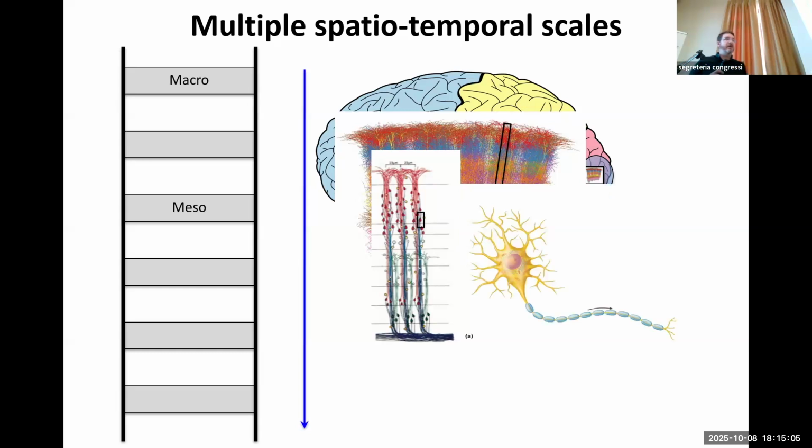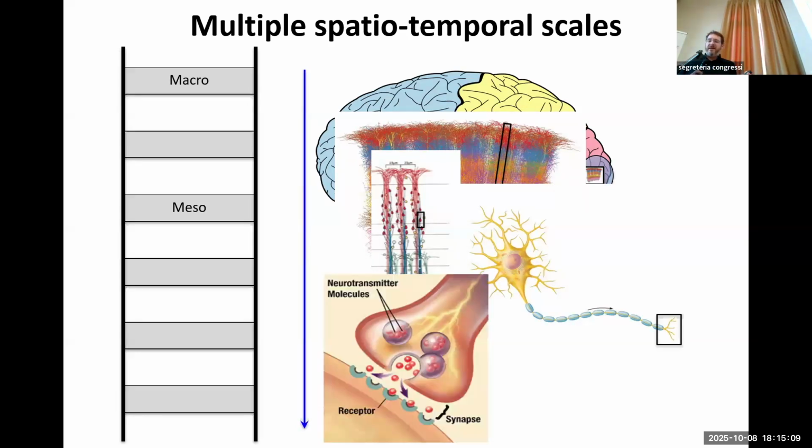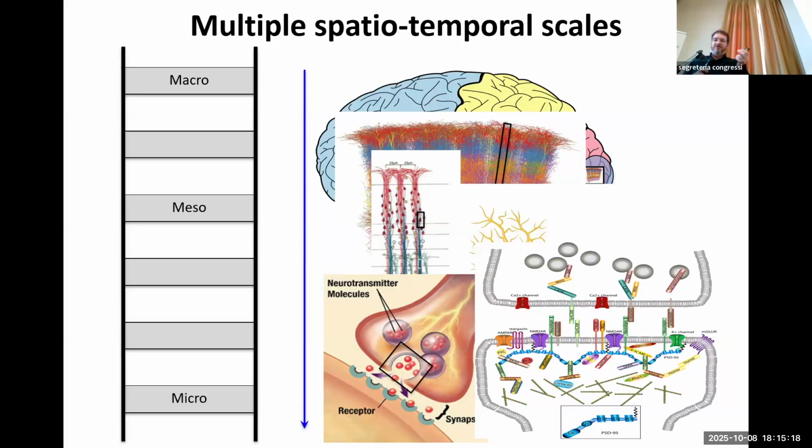We can zoom in further, and those are composed of neurons, and we get to a synapse. The neurons are really close and sharing neurotransmitters, and those are made up of very fine molecules and atoms below that. So there's this whole range of scales we can choose to study the brain at, and depending on what kind of scientist you are, you may use very different scales. These are all done in practice.